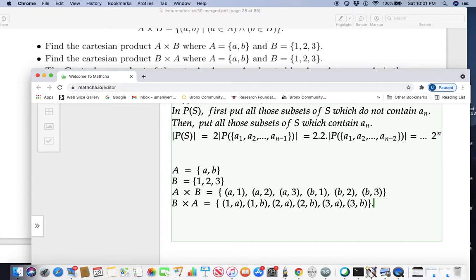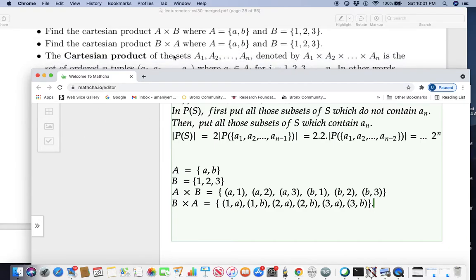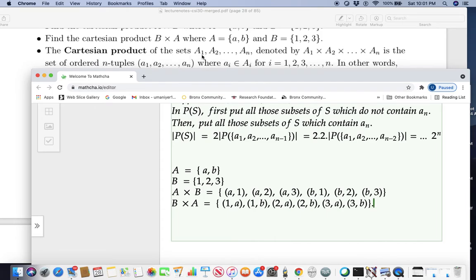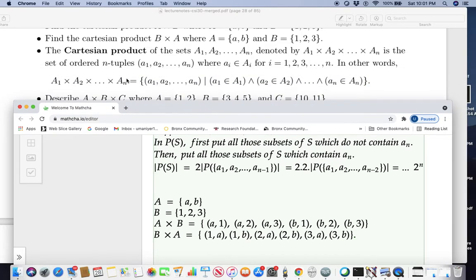That's it. All right. The Cartesian product of the sets A1 through An, denoted by A1 cross A2 cross and so on until An, is the set of n-tuples (a1 through an), where a1 is in A1, a2 is in A2, and so on, an is in An.